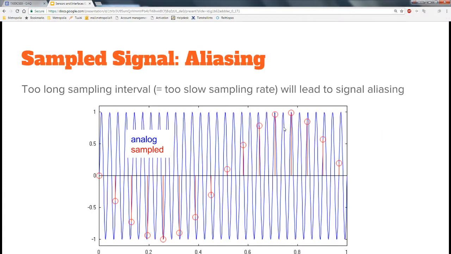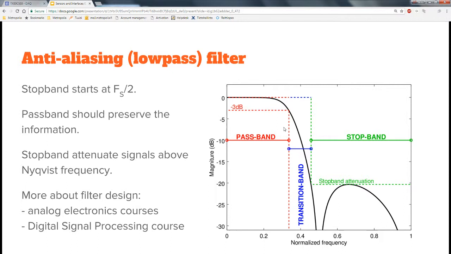To avoid the aliasing, you need the signal conditioning that you have in the anti-aliasing low pass filter, where the stop band should start at the sampling rate over 2. Yes, sampling rate over 2.